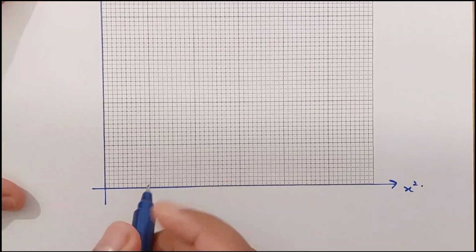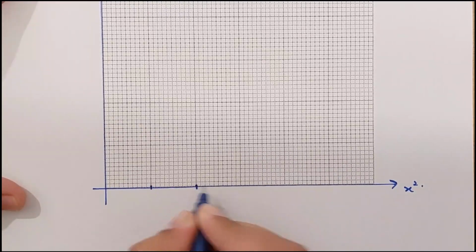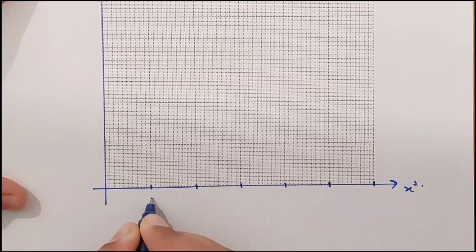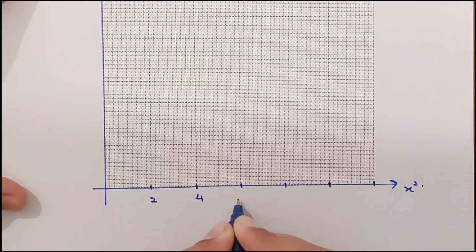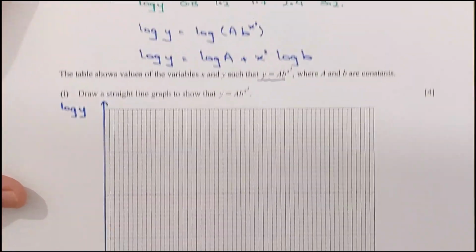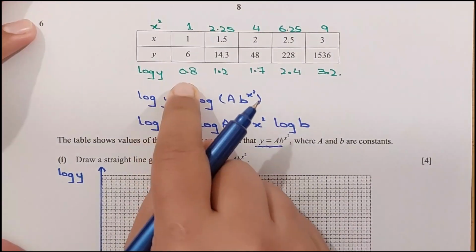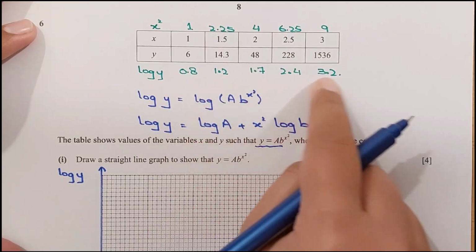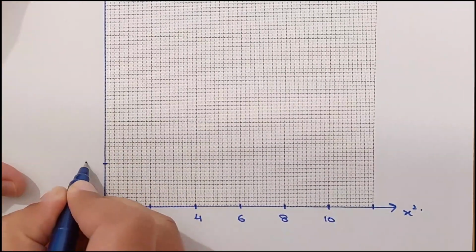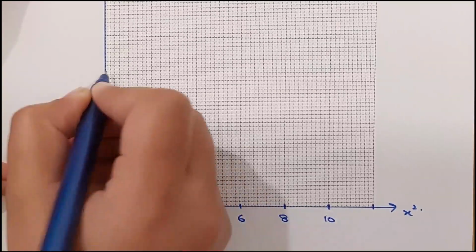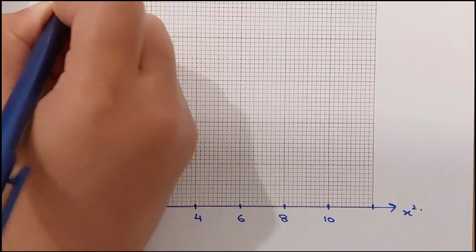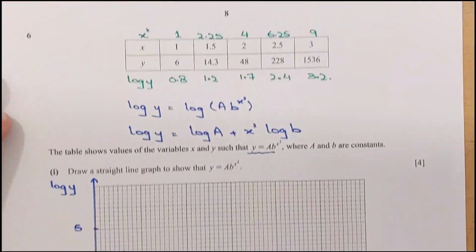Okay, so we can say this is 2, 4, 6, 8, 10. And the values of log y are between 0.8 and 3. Okay, so we can say this is 1, 2, 3, 4, 5 and so on, right?